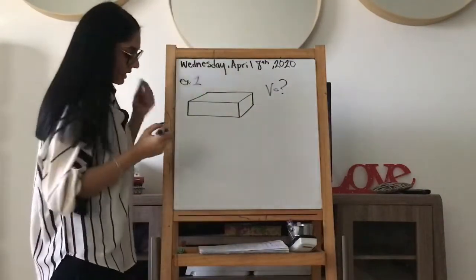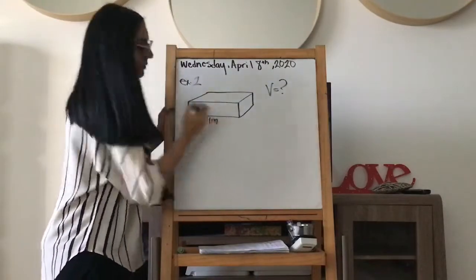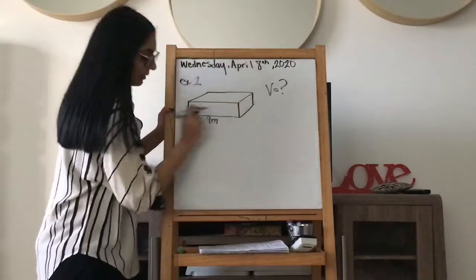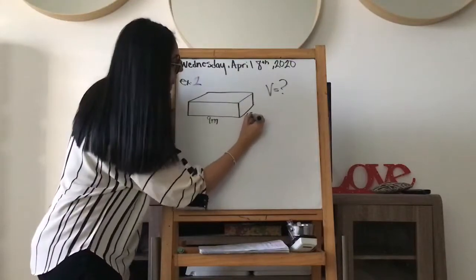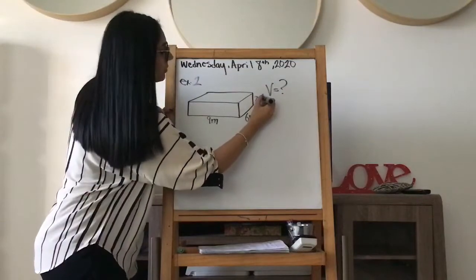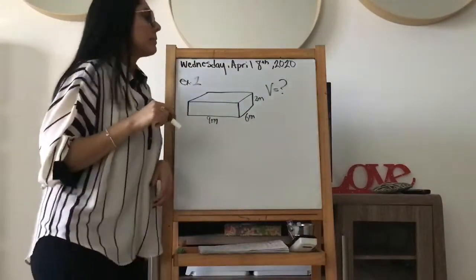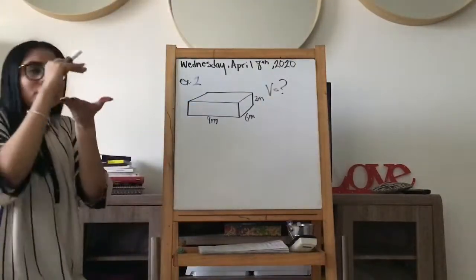Okay, and this time let me say the length is 9 meters. The width is 6 meters, and the height this time is only 2 meters. So it's a very small box.